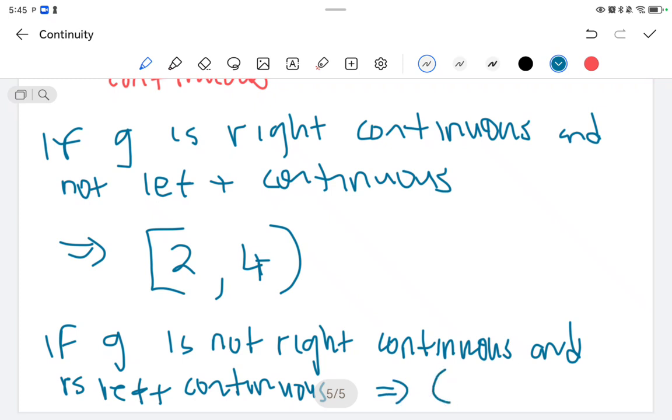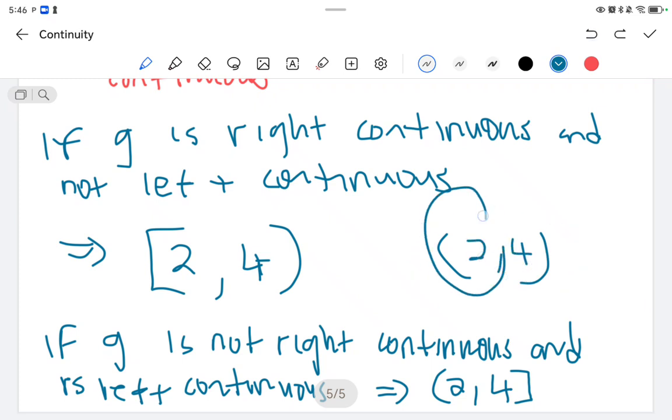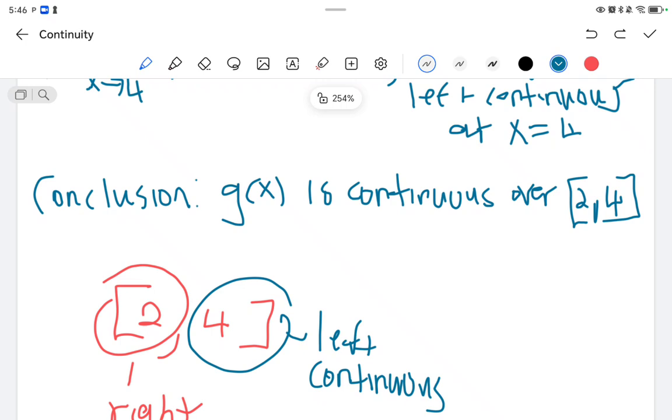The bracket facing the left will be like that. If it is neither left nor right continuous, we do this, because it is continuous within the interval but not at the endpoints. But this one we found to be continuous here and here, that's why I represented it like that.